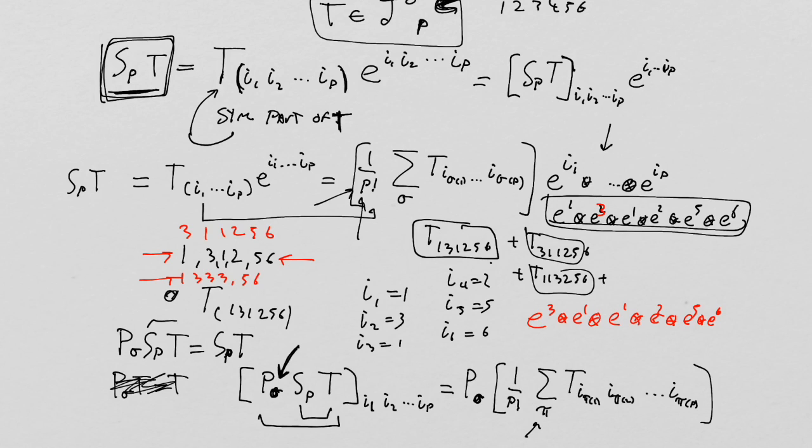It's the symmetric part of T that is unaffected by the sigma transpose, and that's what this is. This is just the symmetric part of T.